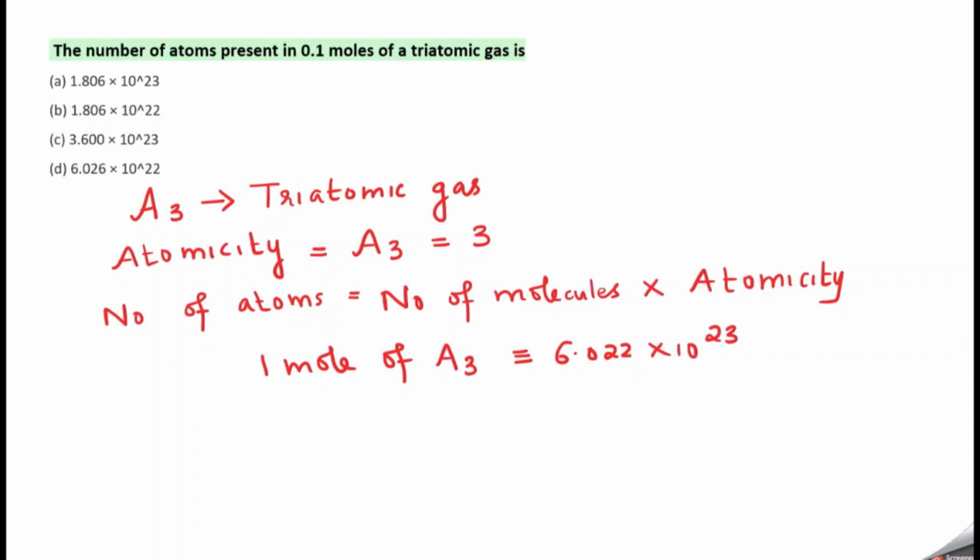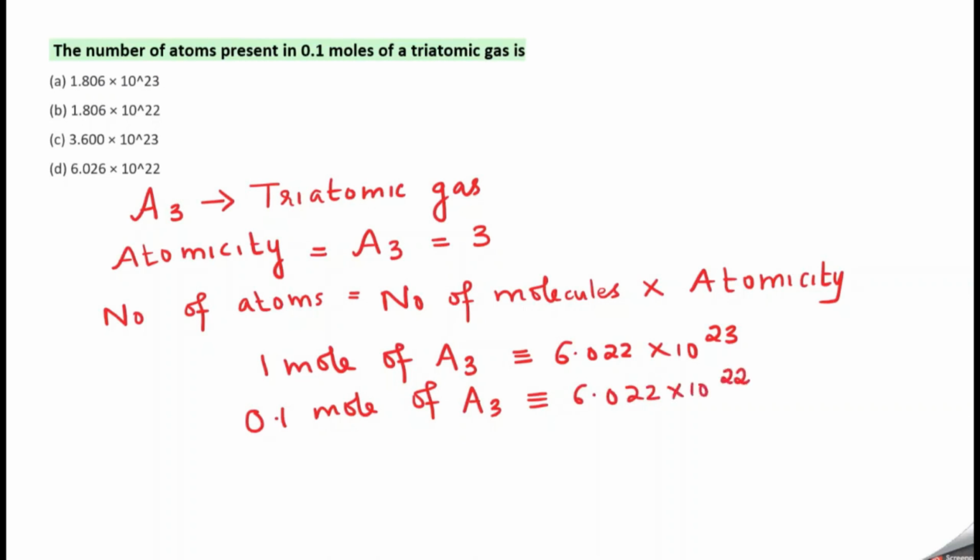But in our question, they have asked about 0.1 moles of the triatomic gas. So how can you convert 1 mole to 0.1 mole? Divide by 10, on both the LHS and RHS. So this will become 0.1 mole of A3 has 6.022 into 10 power 22 molecules.